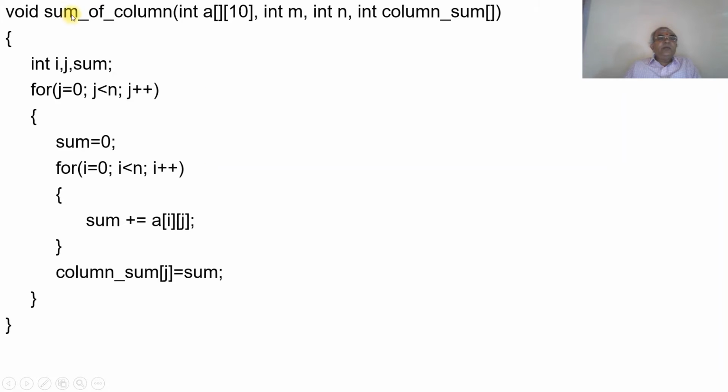Then you come to the sum of columns: int a, int m, int n, int column sum. So again the same function and the same way it will work column wise. Since we are going column wise, here j will be equal to 0, j is less than n, and j plus plus, sum is equal to 0, I is equal to 0, I is less than n, and I plus plus.